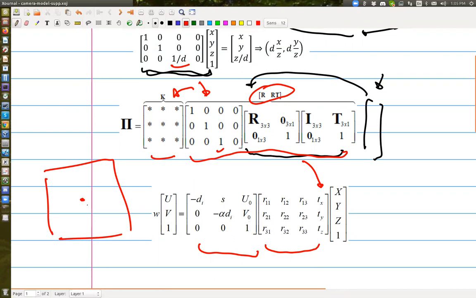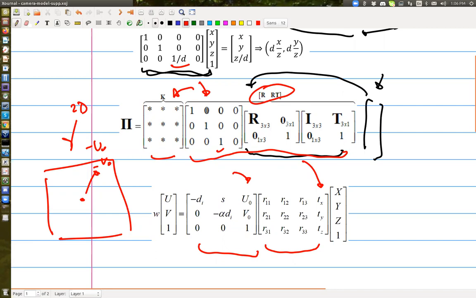But if the origin of the sensor, in 2D after you map into the sensor, is here, then I need to offset that back. Actually, I should probably use minus U0 and minus V0.